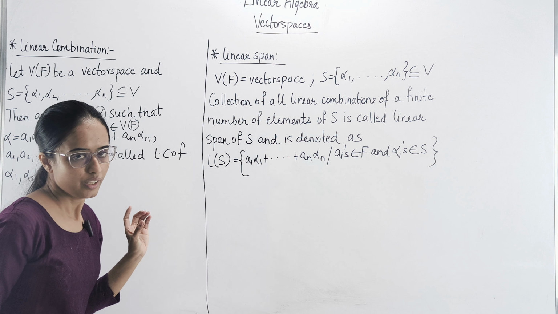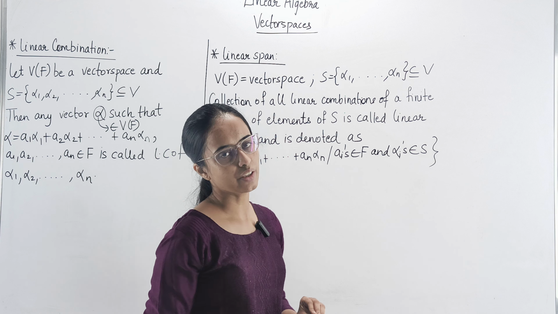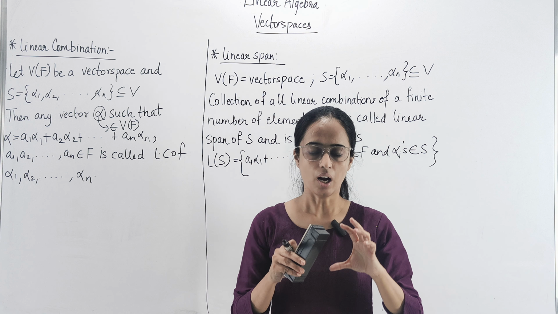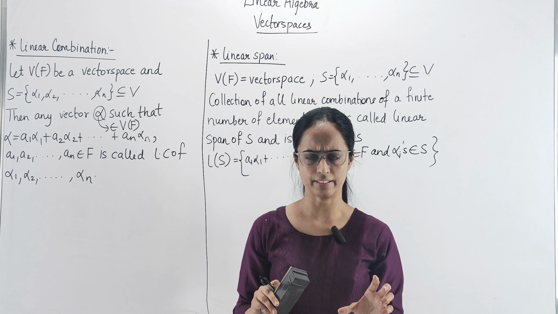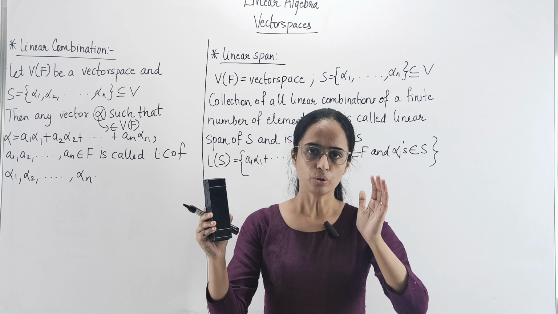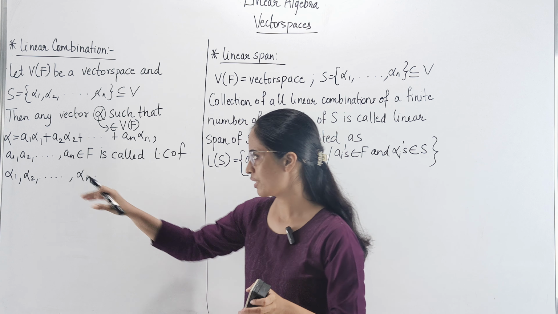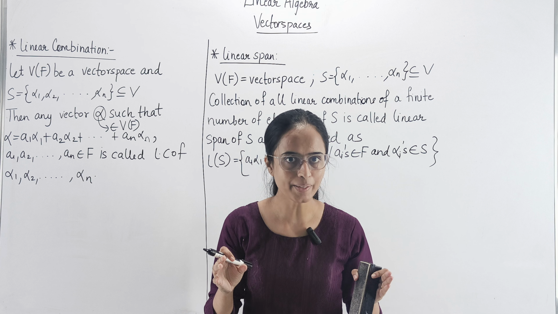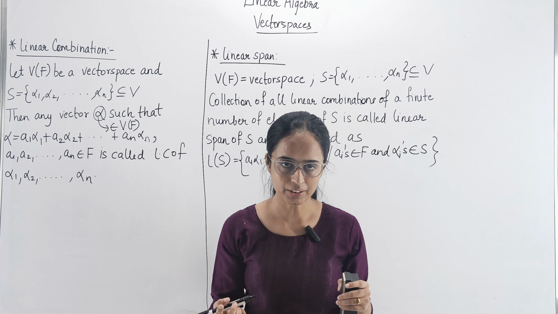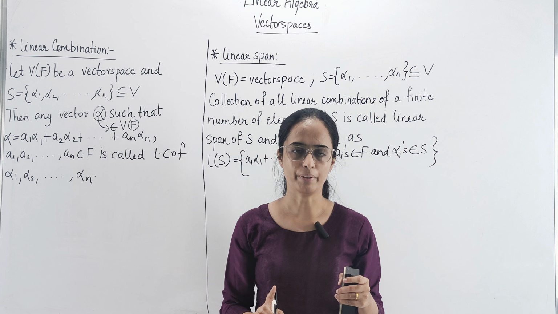Now why do we call it a linear combination? First of all, these vectors can be some or all of them. If you see this expression, it is in the form of a combination. They are combined together by addition operation as well as multiplication operation.